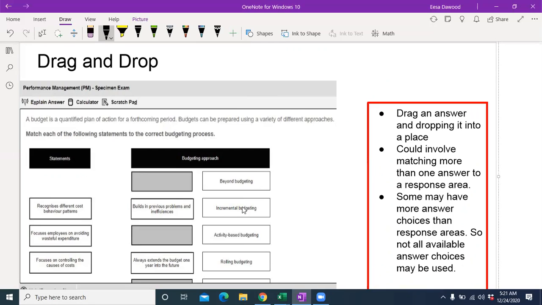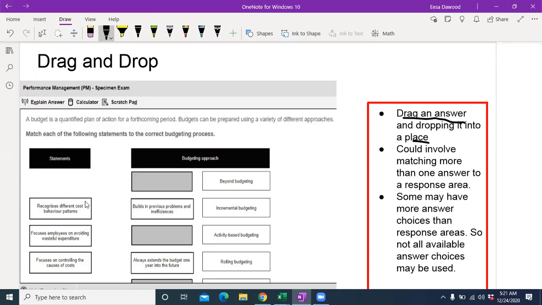Here are the budgeting processes given, and here are the response areas, and here are the statements. I've picked one statement, as you can see. So you drag the right answer and drop it into the right response area. That's the drag and drop question.